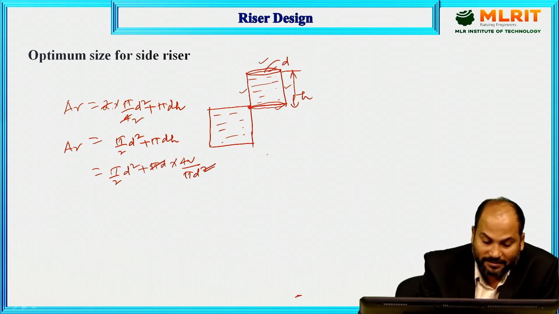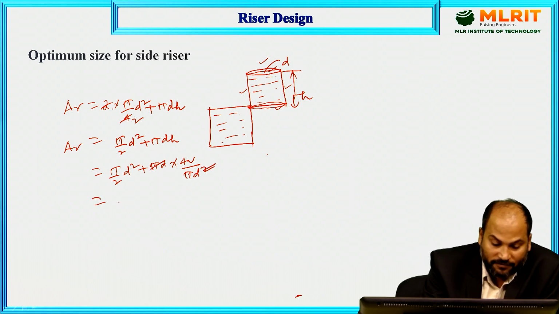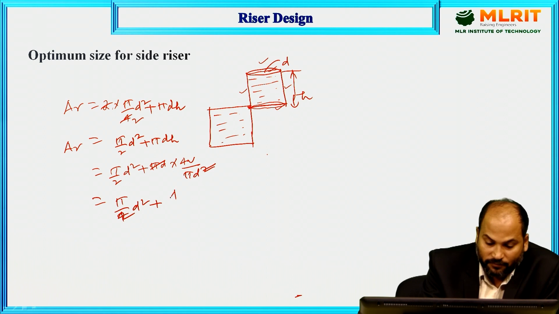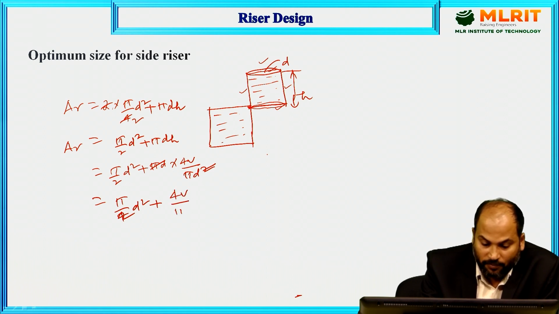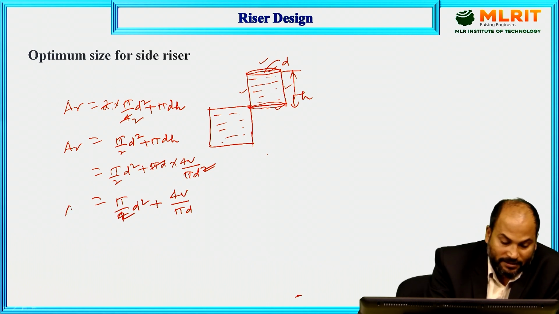So this pi will be cancelled out, and we can finally write pi upon 2 d square plus 4V upon d. This is the area.